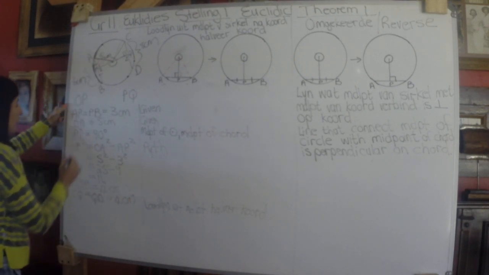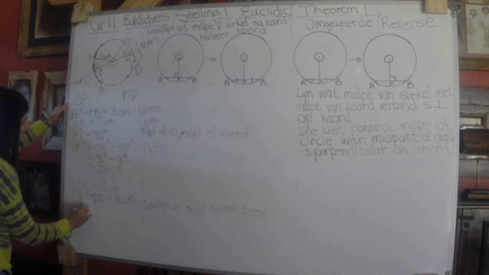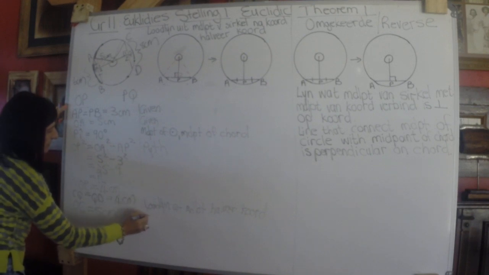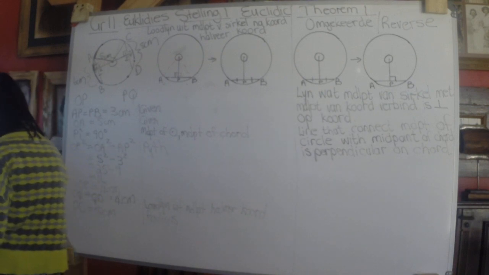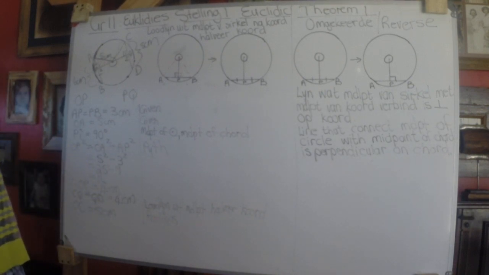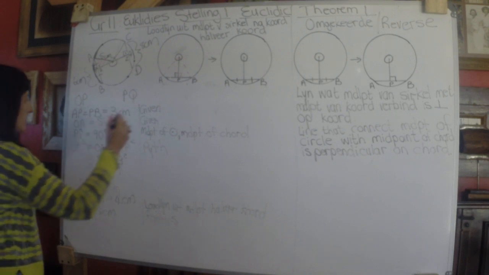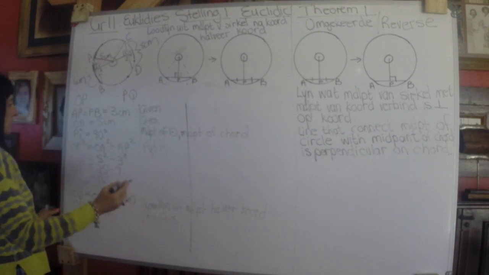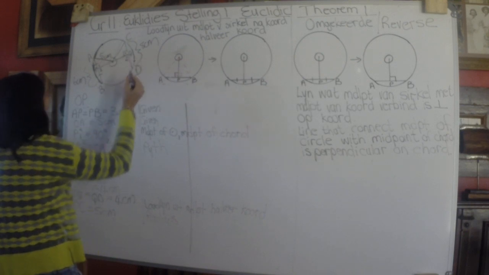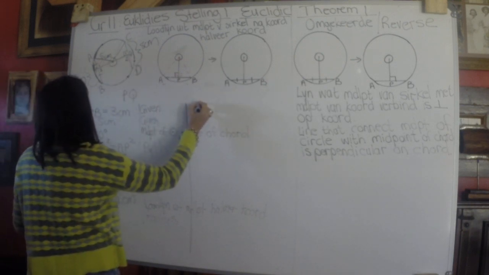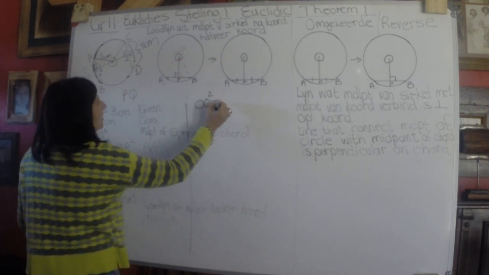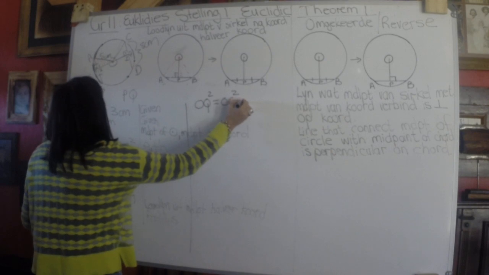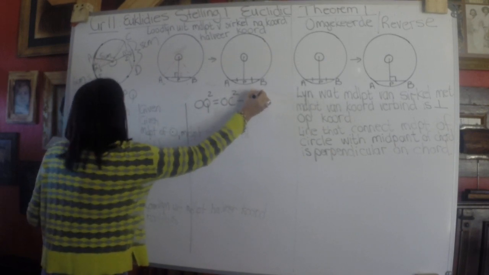Okay, we know that OC also equals 5 centimeters because that's a radius. Now, we can use Pythagoras again to determine the length of OQ. So we've got OQ square is going to be OC square minus QC square.